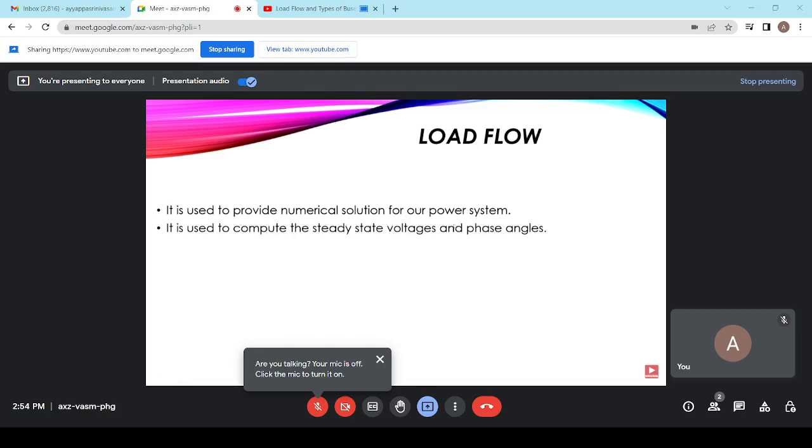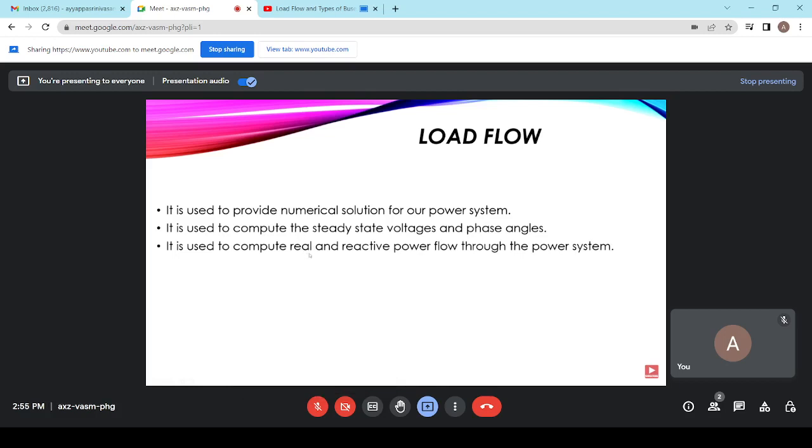We have the voltage and its own phase angle. And also we can get the real active power and the reactive power flowing through the entire power system.